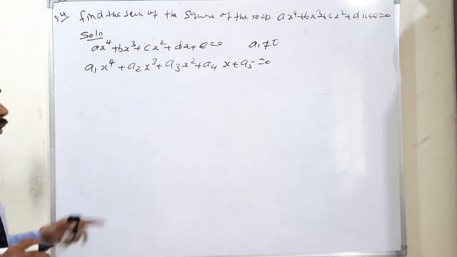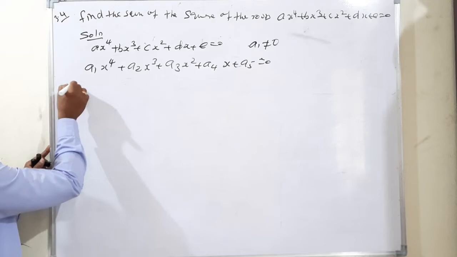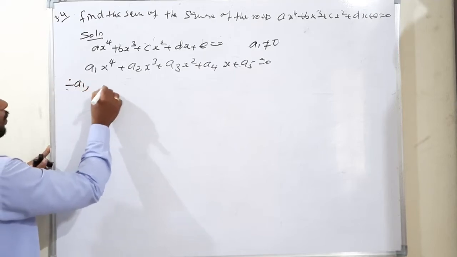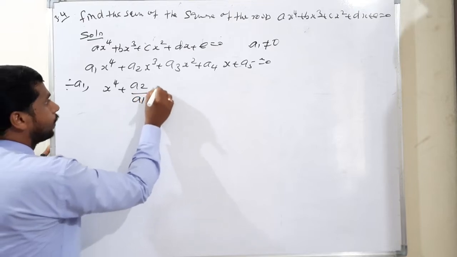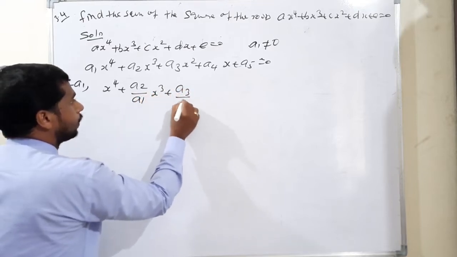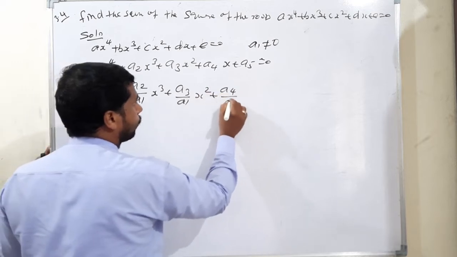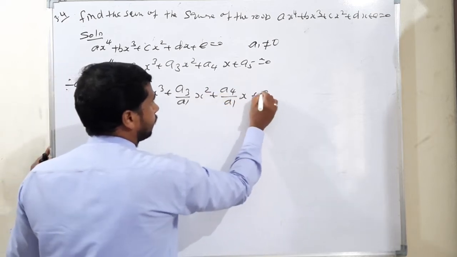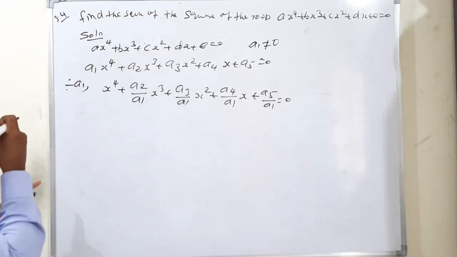If you need to change to the monic polynomial, each and every time divide by the leading coefficient. That is, dividing by a1: x to the power 4 plus a2 by a1 x cube, then a3 by a1 x square, then a4 by a1 x, then a5 by a1 is equal to 0.